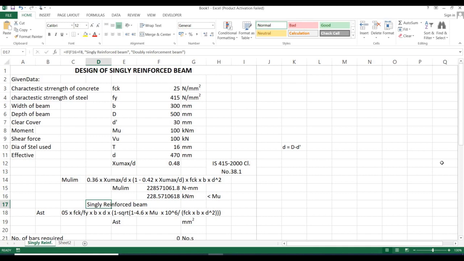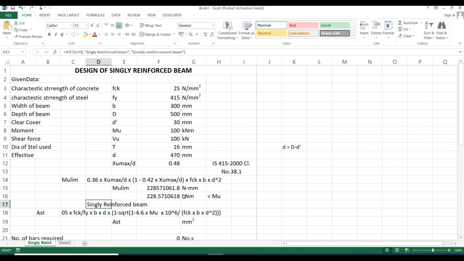Here I can also use one more function called the IF function. If Mu is greater than this, in that case it should be written as a doubly reinforced beam, and the calculation should be as per the doubly reinforced beam. So how do you get to know?